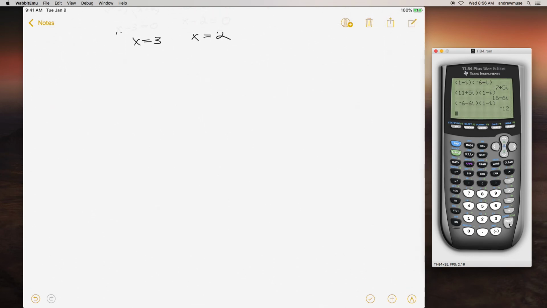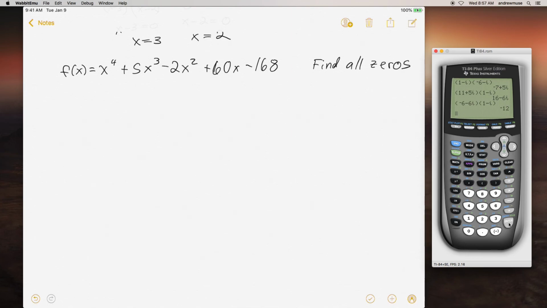Now, let's say I just give you this. I say, if f of x is x to the 4th plus 5x to the 3rd minus 2x squared plus 60x minus 168, and I want you to find all zeros.